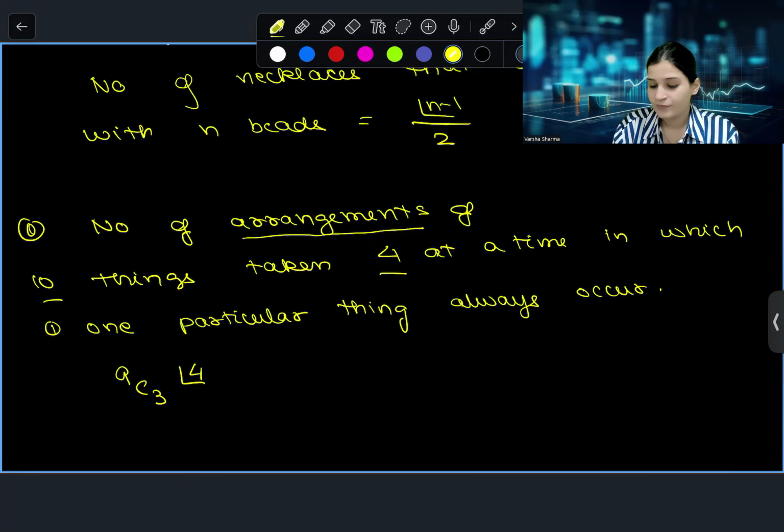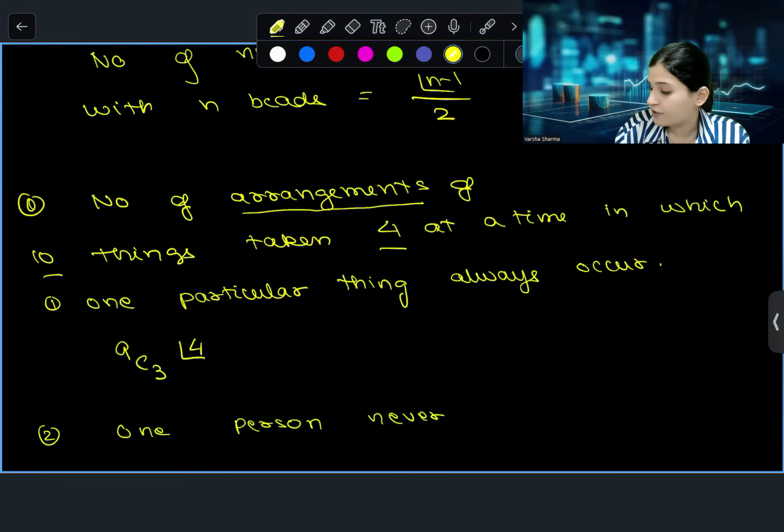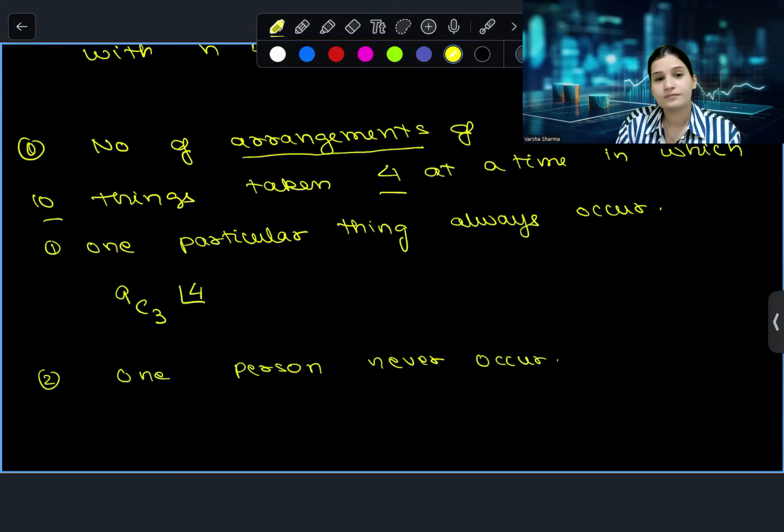What will happen if I say one person never occurs? 9C4 times 4 factorial. Perfect, works. You can directly write permutation here also. One person is not even considered.